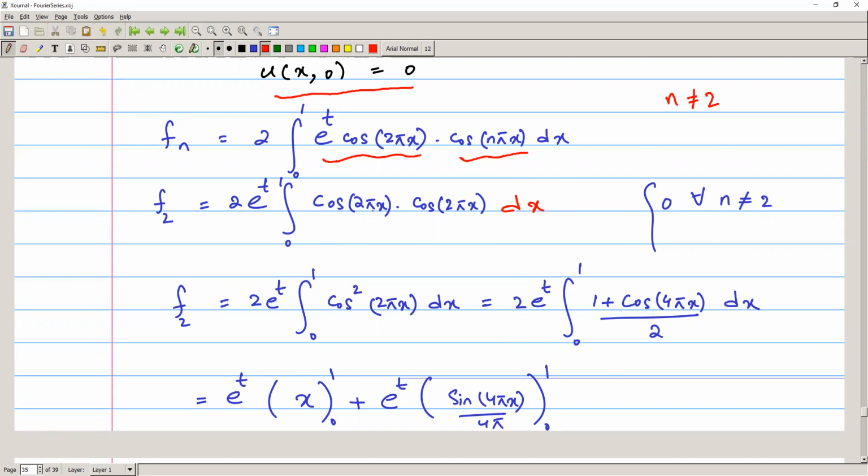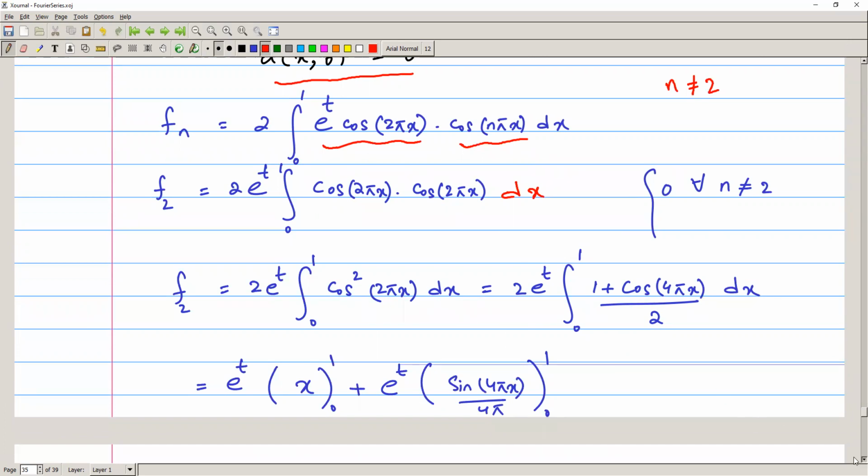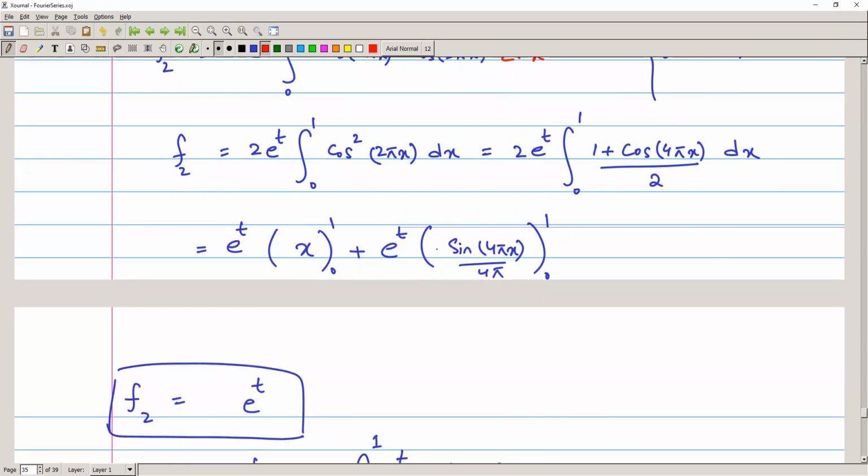So it will be cosine 2 pi x times cosine 2 pi x, cosine squared 2 pi x. So we can use the identity of the double angle, 1 plus cosine 2x over 2. Therefore, this is 1 plus cosine 4 pi x over 2. And then we solve the integral and apply the limits. So here we can see that f2 is equal to e to the power t, right?